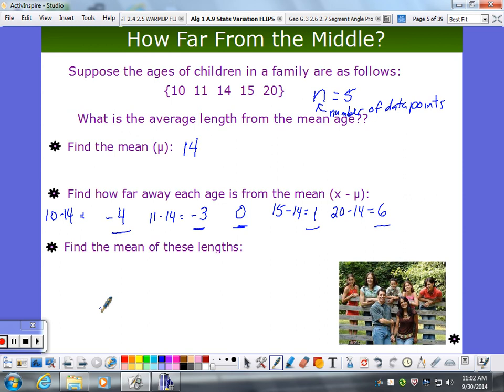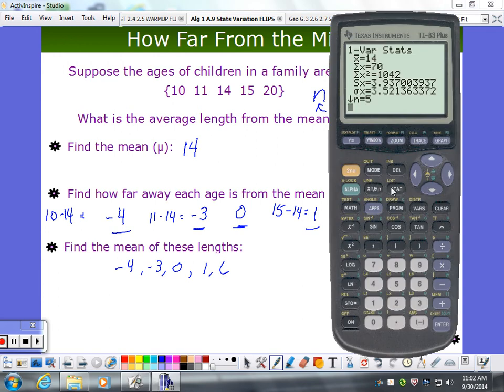So let's see if we can find the mean of these distances. I'm going to take -4, -3. Now I count 0, don't I? Yes, it's how far from the mean. You can't just skip points because they're 0. Let's put that in the calculator and see what the average distance would be. I put in -4, -3, 0, 1, and 6, and I do stat, calc, 1-variable stats, and x bar is 0.